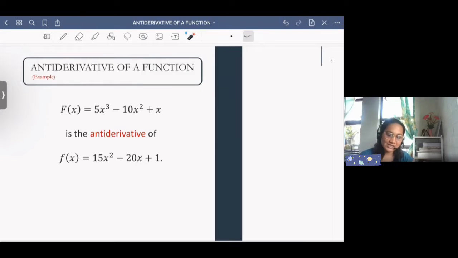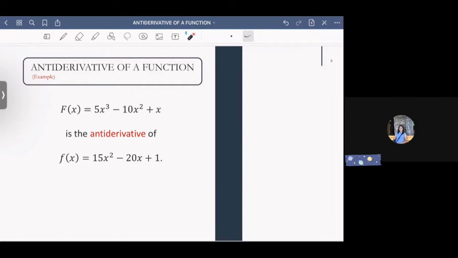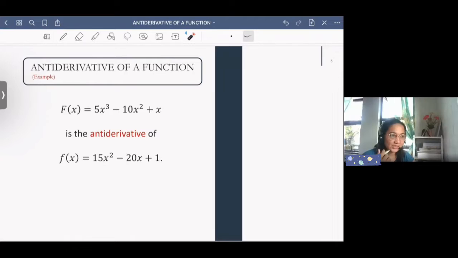So relating this to our lesson for this video, which is the antiderivative of a function, we can actually say that uppercase f of x equals 5x cubed minus 10x squared plus x is the antiderivative of the small case f of x equals 15x squared minus 20x plus 1.